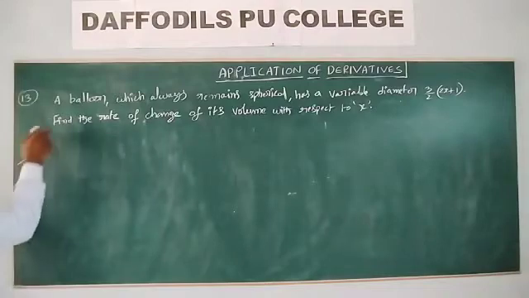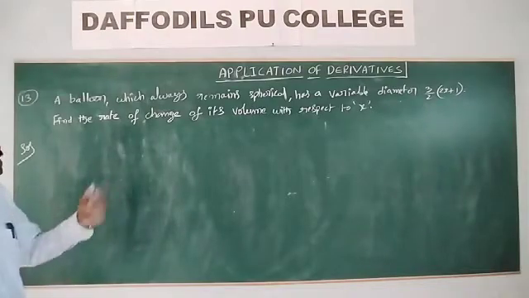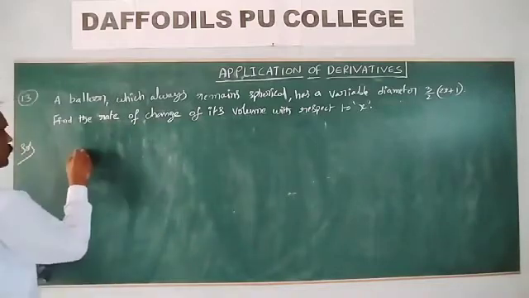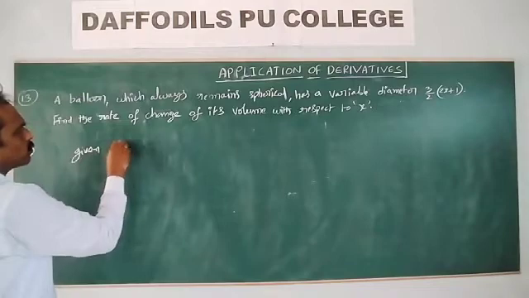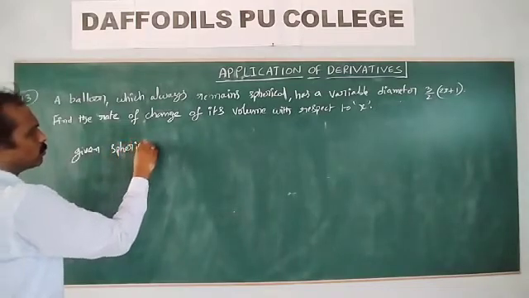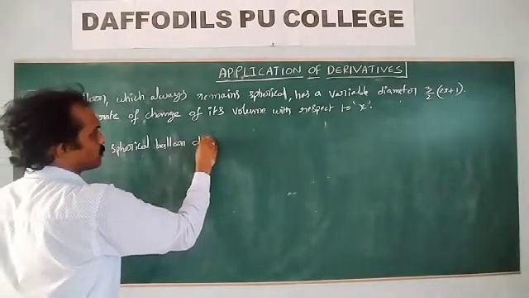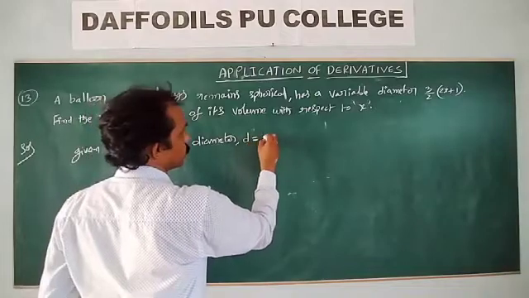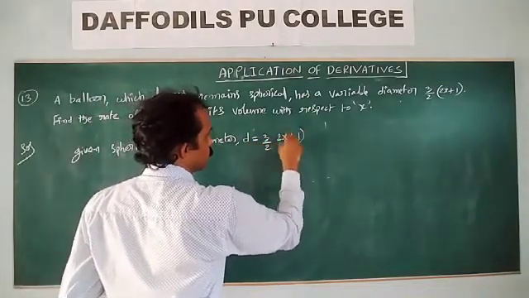Given: a spherical balloon with diameter d is equal to 3 by 2 of 2x plus 1.